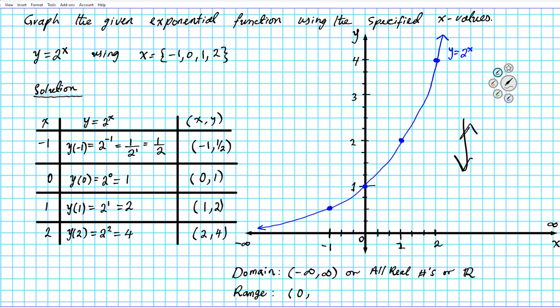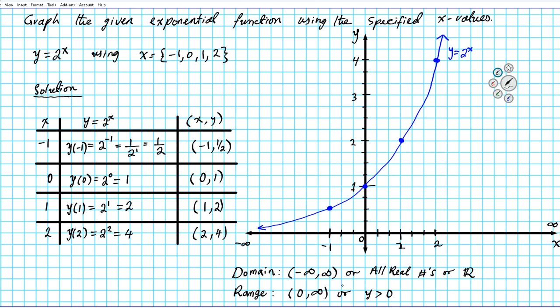So you go as low as infinitely close to 0 without touching it, and then go up forever to infinity. Or you can write this as y is greater than 0. Or you can even use interval notation for this. Or y is greater than 0 as an inequality, and interval notation 0 to infinity.